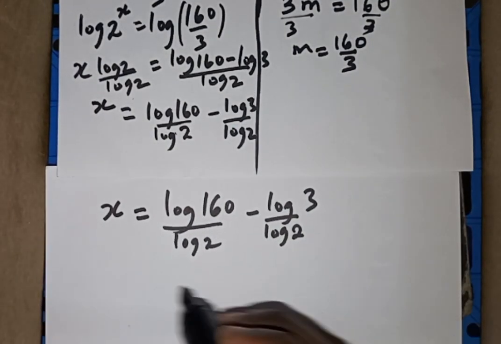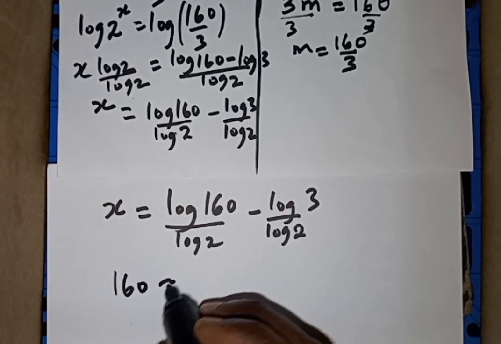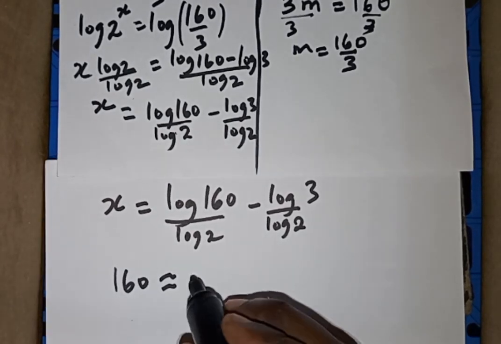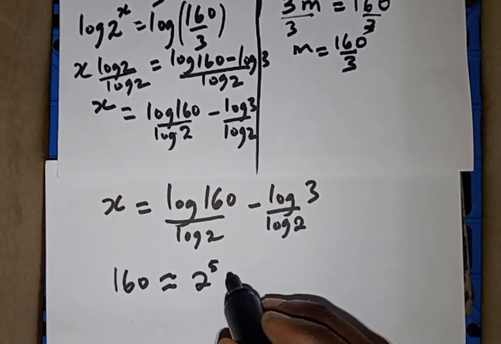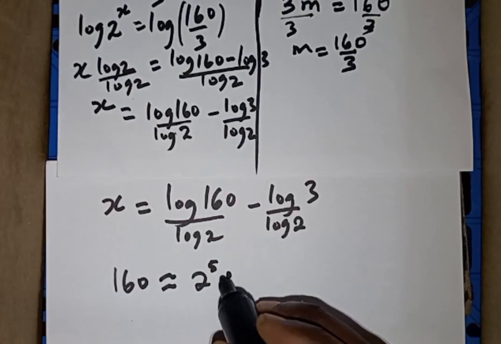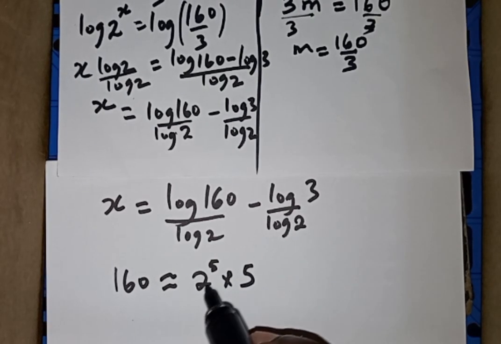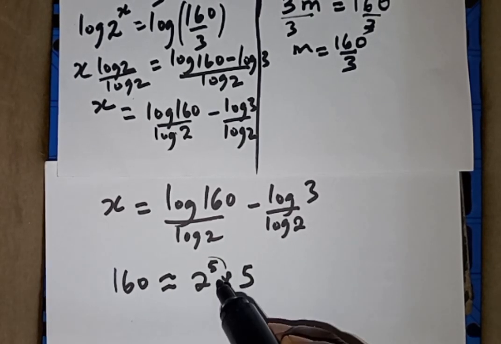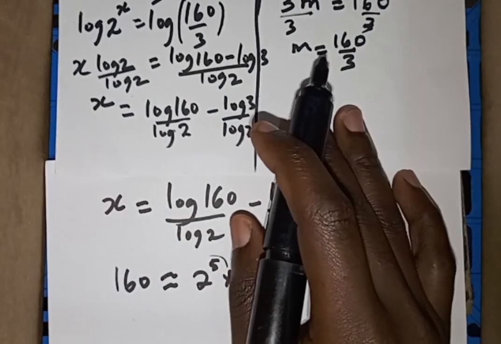Recall that 160 can be written in terms of its powers as 2 to the 5 multiplied by 5, because 2 to the power 5 is 32, times 5 is 160.